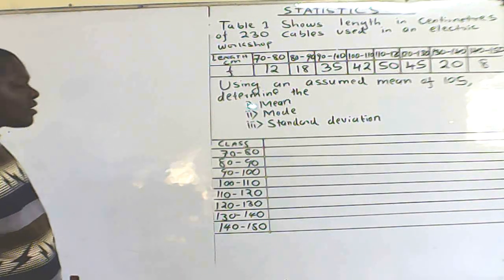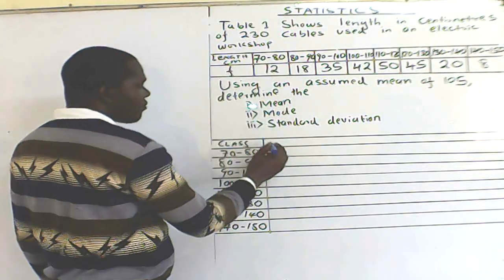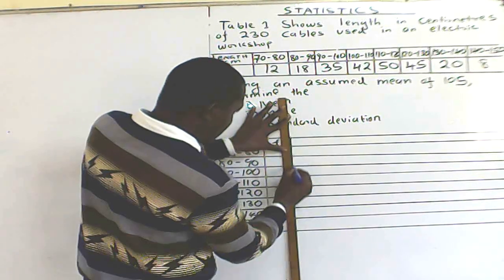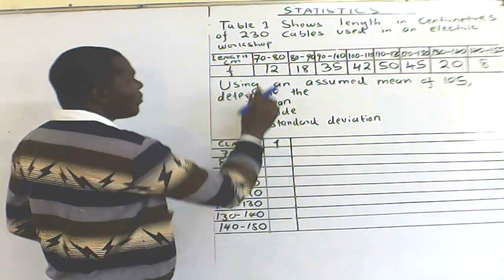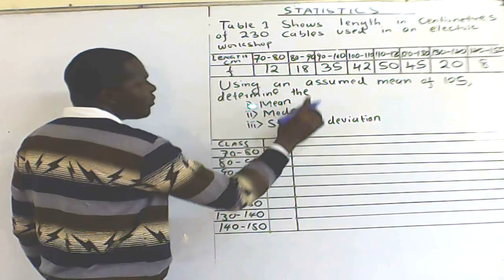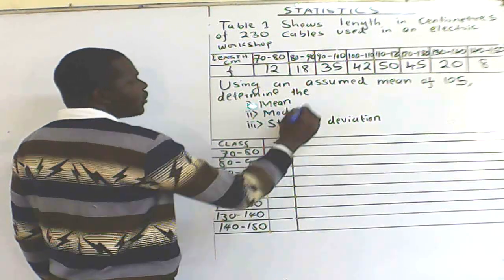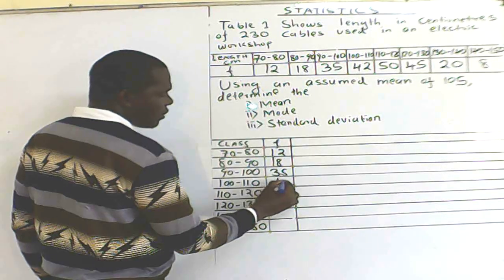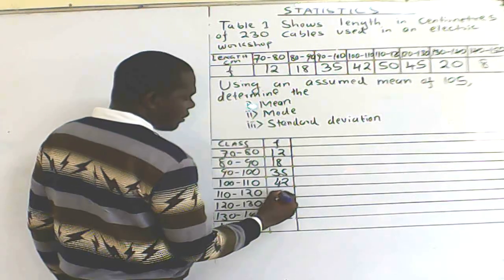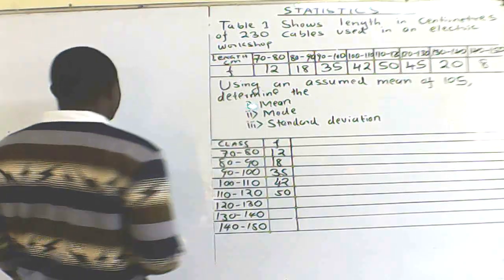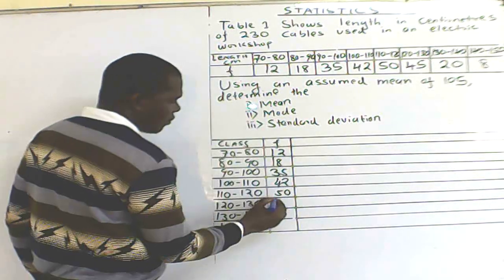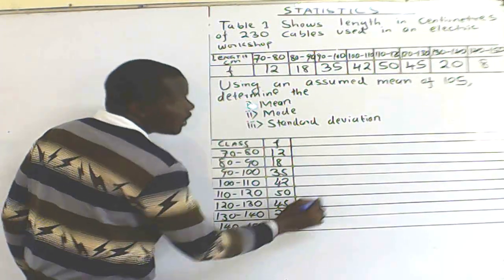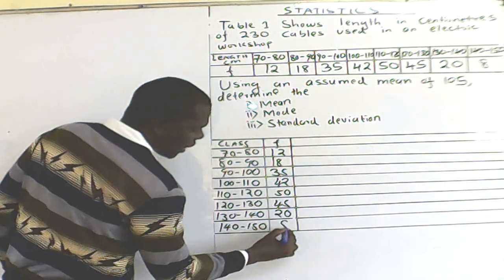From the classes, we've also been given the frequencies, the number in each class. The first frequency is 12, then 18, then 35, then 42, then 50, then 45, then 20, then 8.